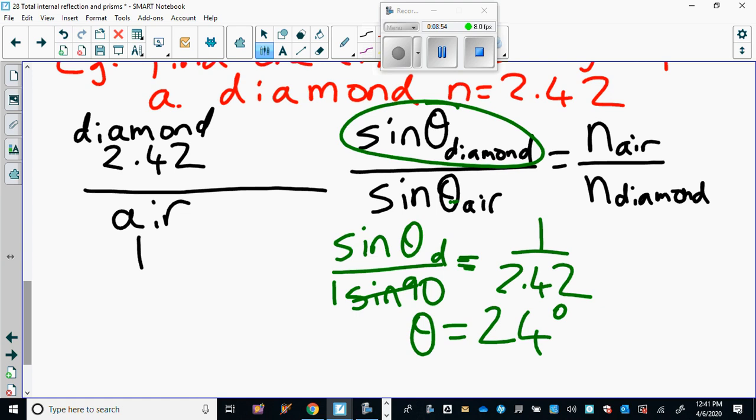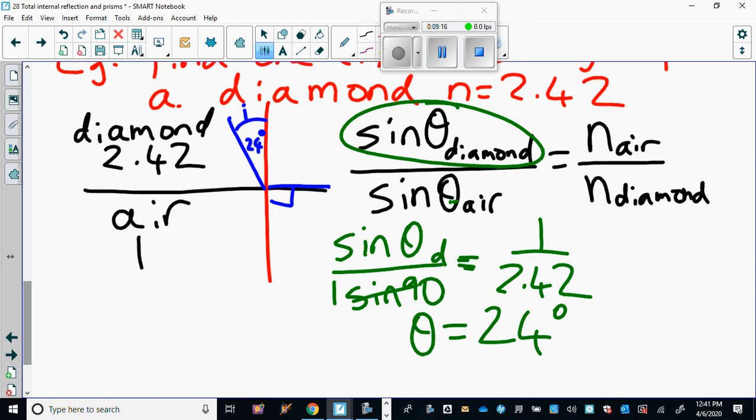So in other words, this is the normal here. This angle here must be 24 degrees, and that will make the angle of refraction 90 degrees. The angle of incidence that makes the angle of refraction 90 degrees.